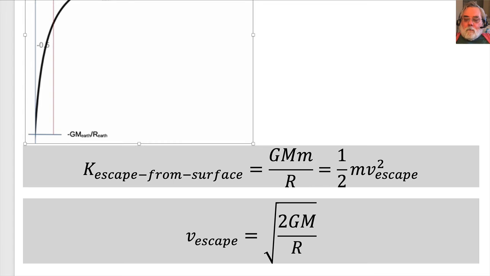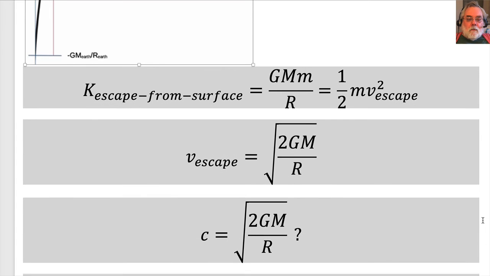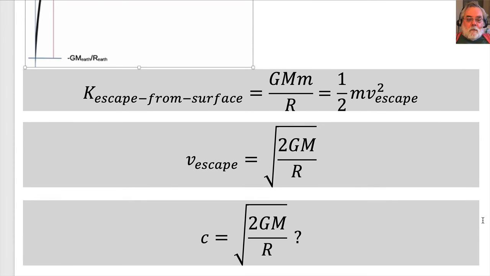Now, we ask an odd question. Could this escape velocity ever equal the speed of light? And if it could, what would that mean? Well, we could just set it to the speed of light and find out what conditions that would mean.